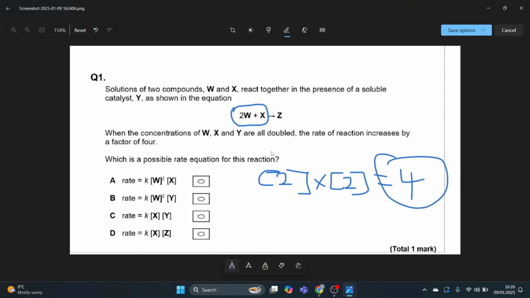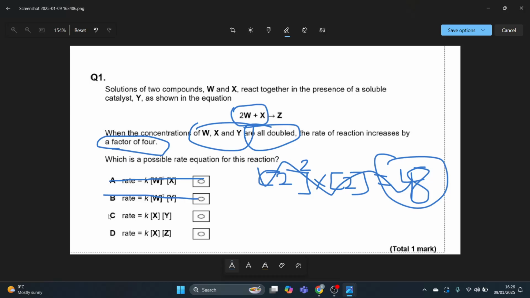So that tells me we can't have a second order, because all three of these are doubled and the rate increased by a factor of 4. If it was second order, 2 squared times 2, oops, all of a sudden that's not 4, that's 8. But it tells me the rate of reaction increased by a factor of 4.